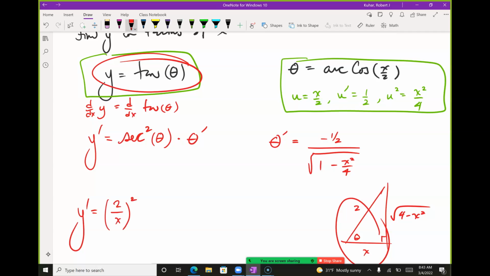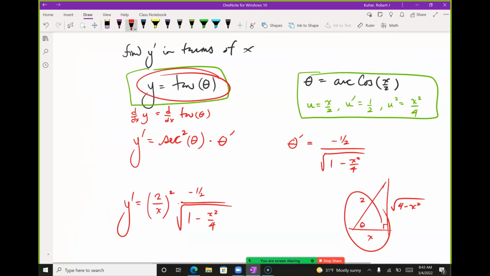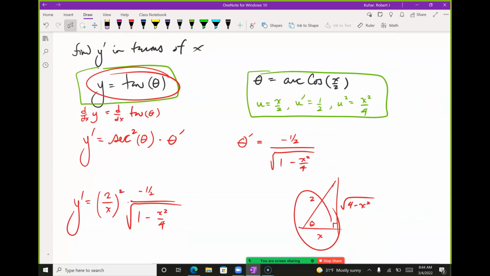And theta prime I already have here is minus 1/2 over square root of 1 minus x squared over 4. So I got a little bit of work to do. I have fractions within fractions, so I want to fix as much as I can here. How is everybody doing? We okay?